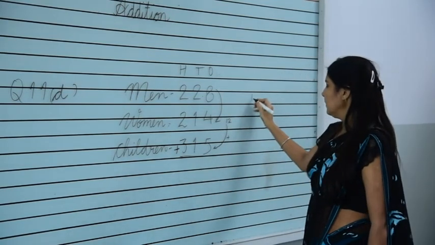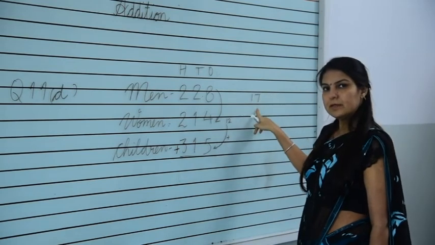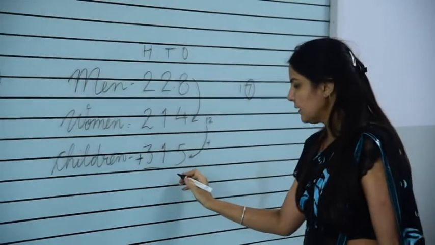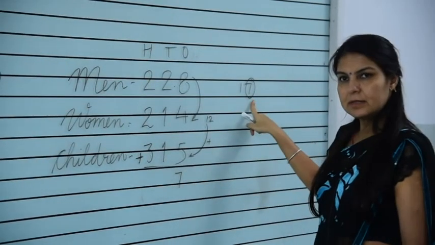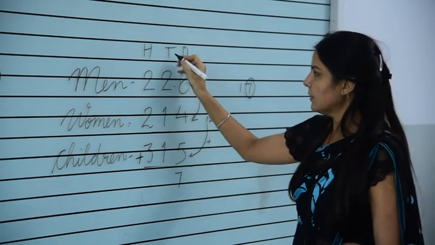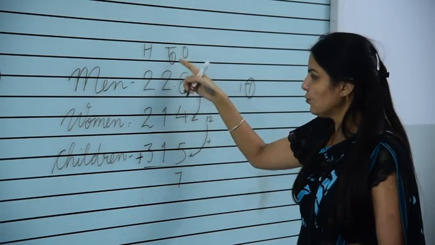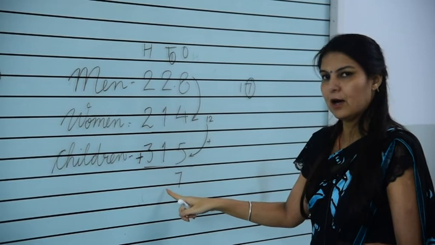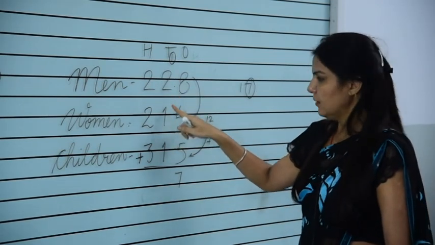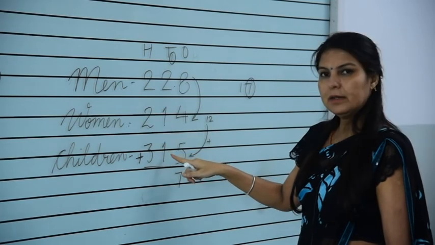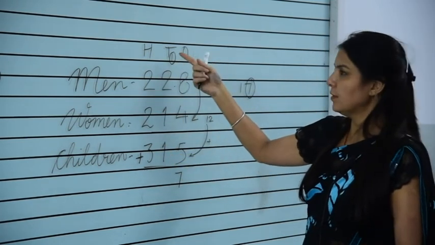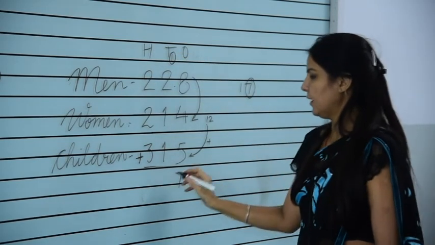In 17, here are two digits, so 7 we will write at ones place, and the other one we will carry to the tens place because we are going to add these digits now. 2 plus 1 is 3, 3 plus 1 is 4, and 4 plus 1 which we carried over, it will be 5.